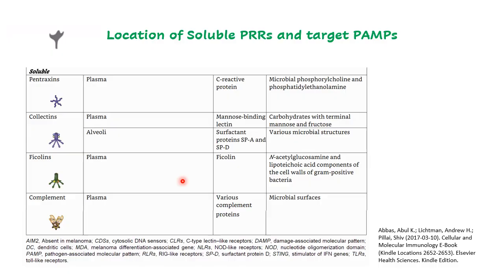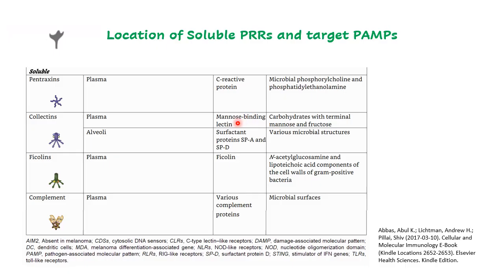And what is it they're going to interact with? Most of them are going to interact with PAMPs, and some of them interact with DAMPs. Actually, C-reactive protein is a DAMP, so it's kind of in the wrong place here. So let's see here. This guy here, collectin, is going to detect sugars. You have the one that is called mannose binding lectin.